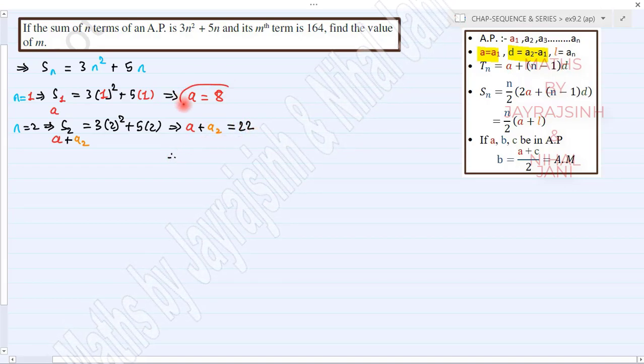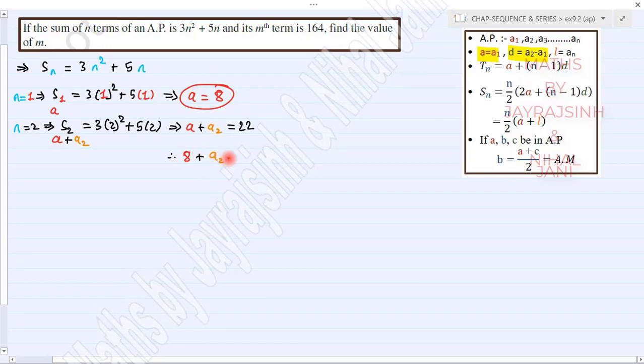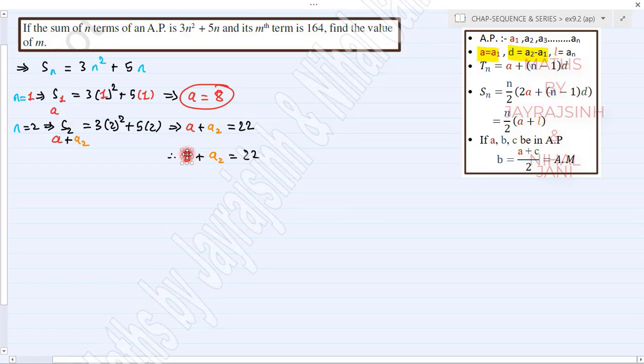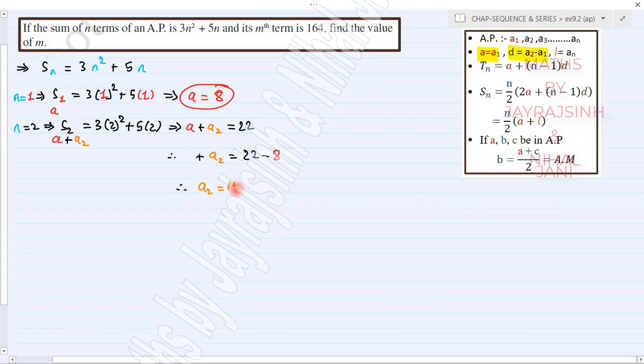But we know the value of A, which is 8. So we can obtain your second term by moving 8 to the right hand side. So it will become minus 8, and we will get second term is equal to 14.